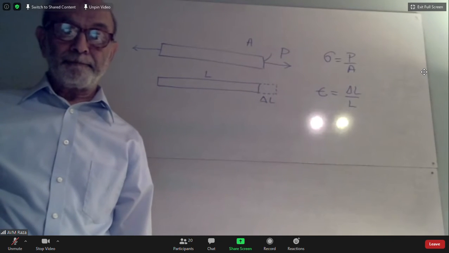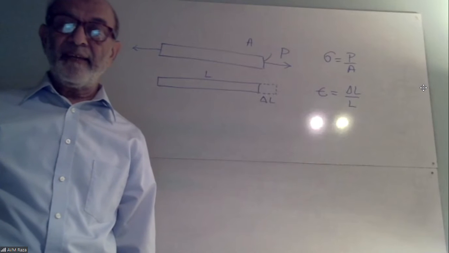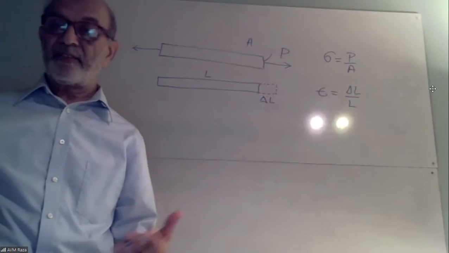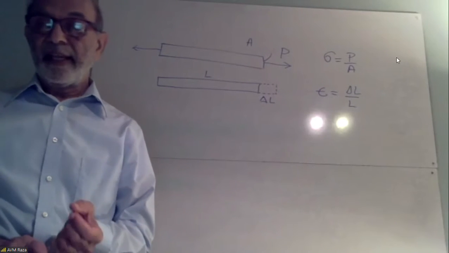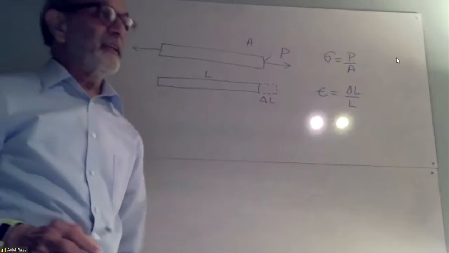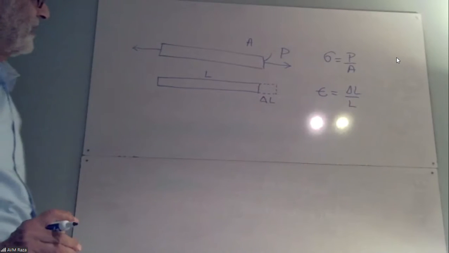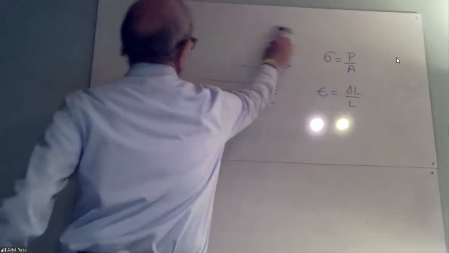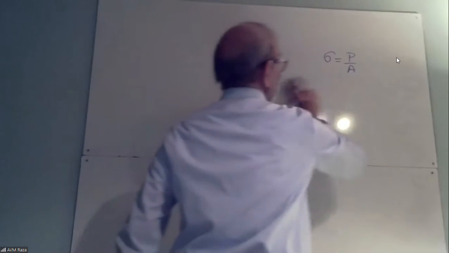And this has been done by conducting a lot of experiments on different kinds of materials. And for a ductile material, the stress-strain relationship looks like this. Let me show you a rough picture of the stress-strain relationship.